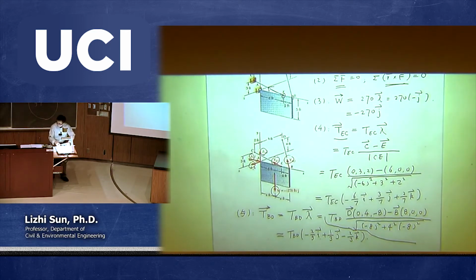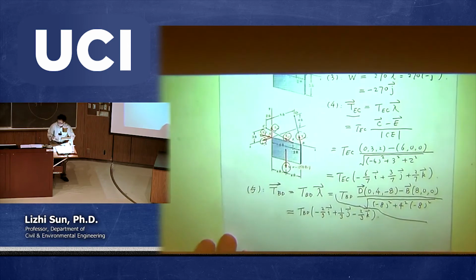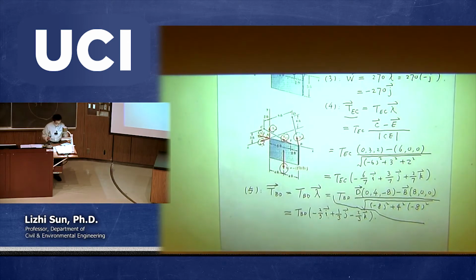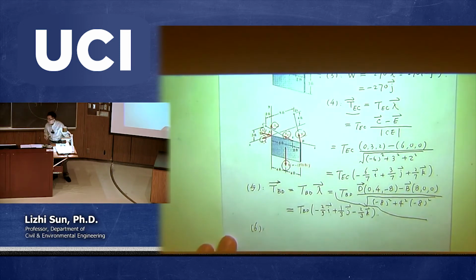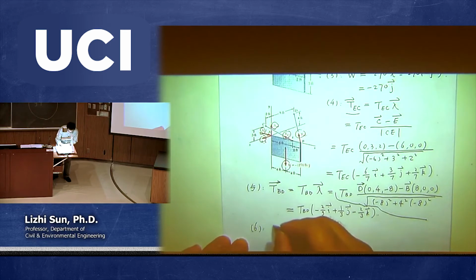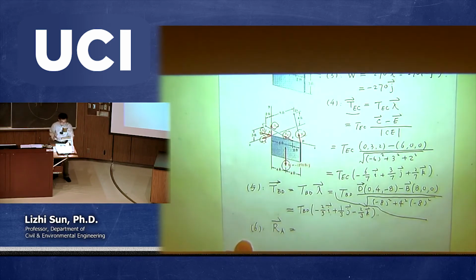Okay, so I think by now you should be very familiar with the lambda calculation. So now we got all forces, right? And finally we get another force, which is the reaction at point A. So let's say the reaction at point A, which is a vector as well, is AX I plus AY J plus AZ K. These are the three components of the reaction.